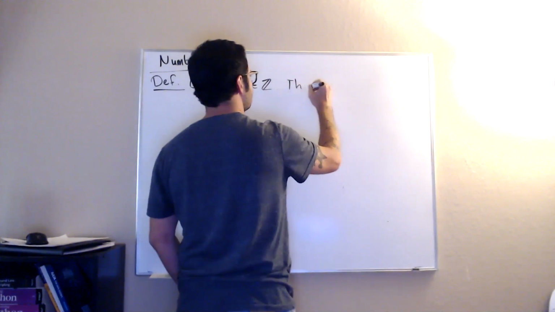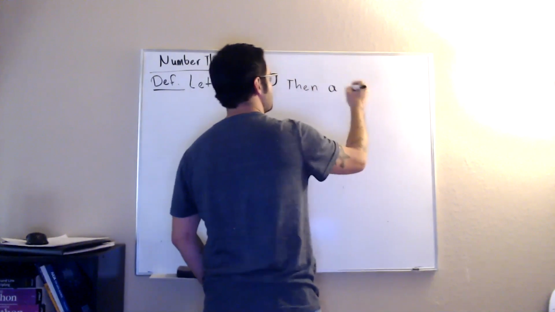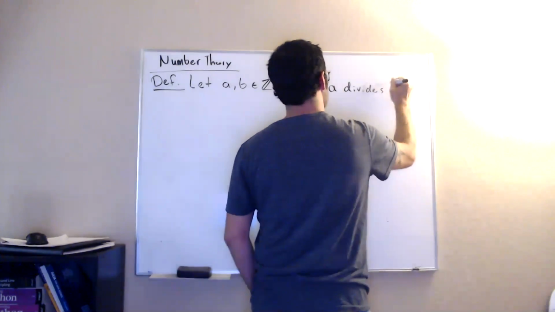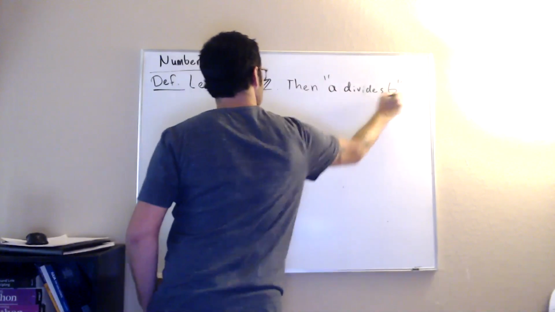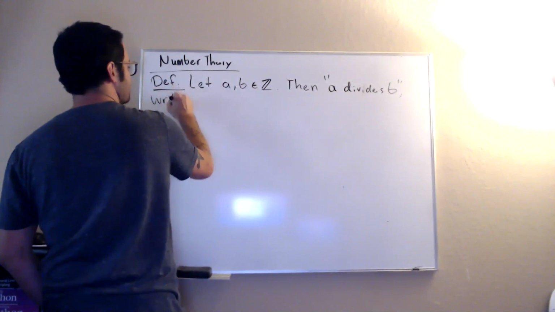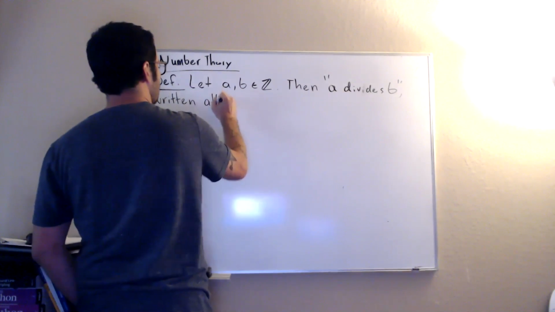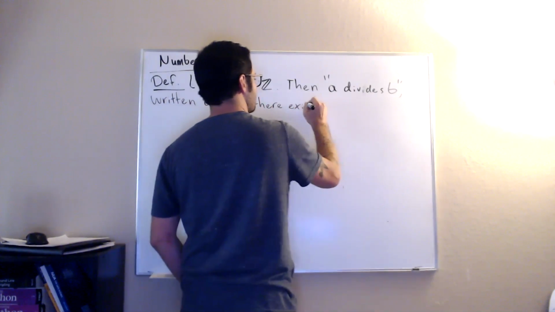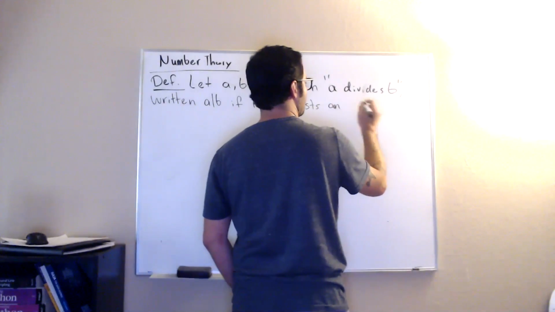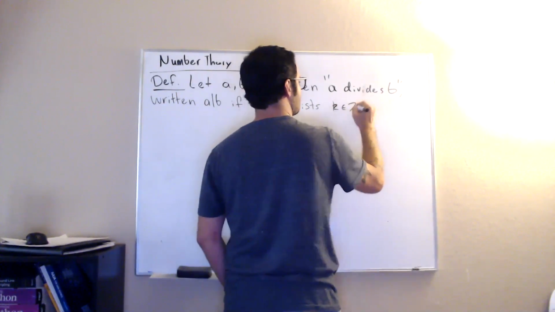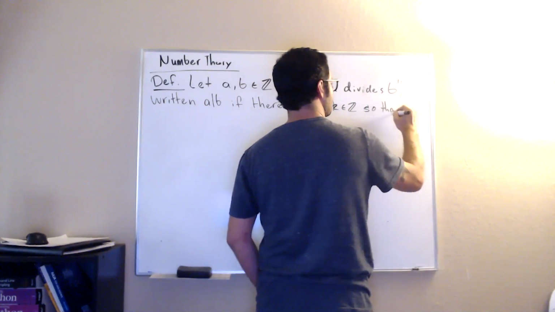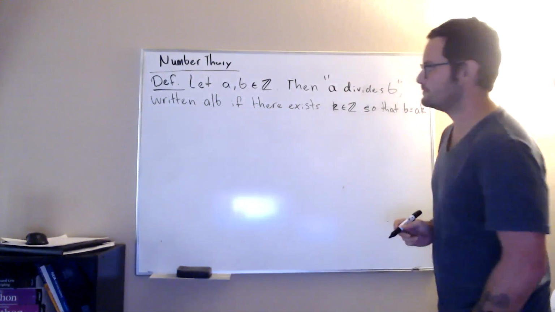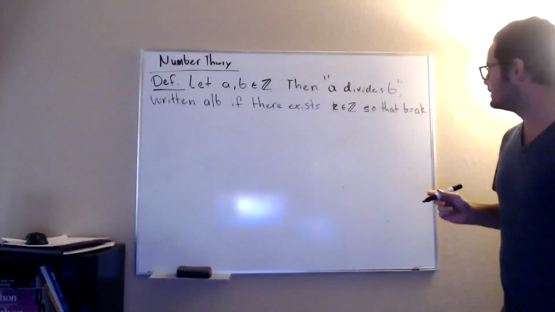Then A divides B, written A bar B, if there exists an integer k so that B is equal to A times k. Okay, so this is from last time.